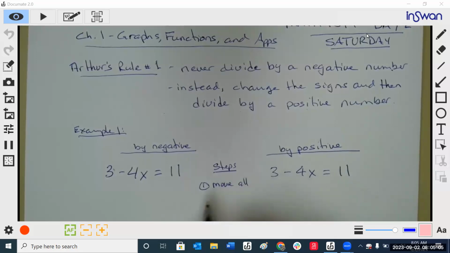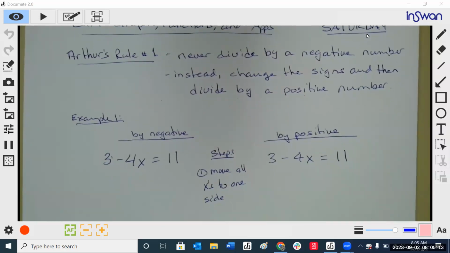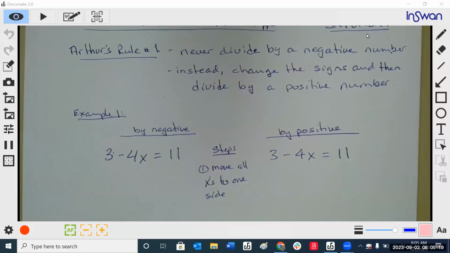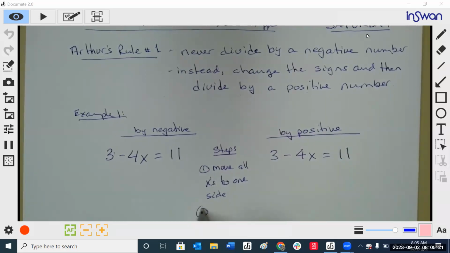Move all X's to one side. Check. There's no X on this side, all the X's are on one side. That's the first thing you have to make sure. Second step. That's where we're getting to today.